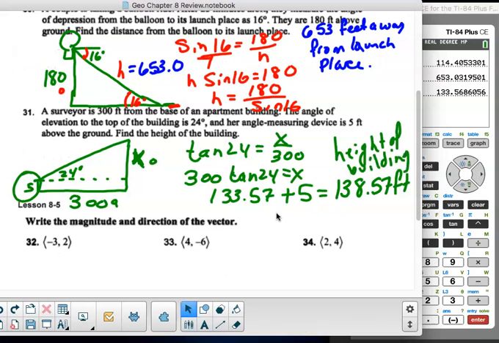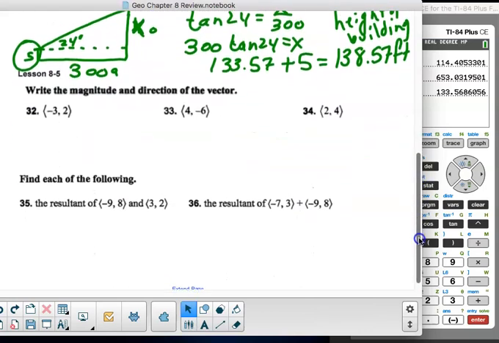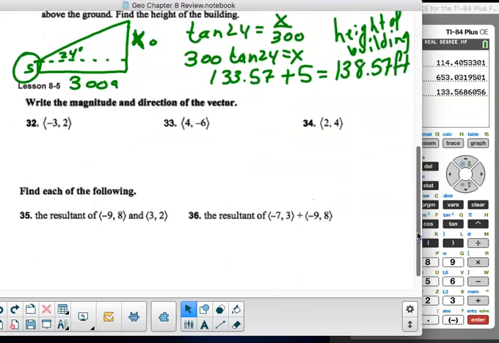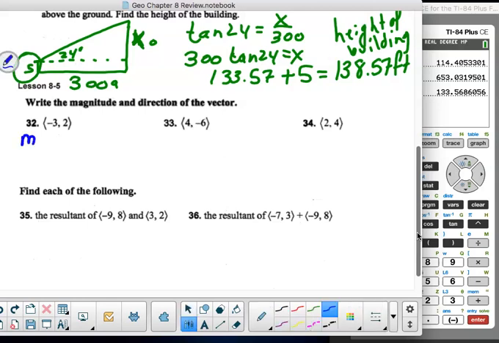Now, in this next one, we're supposed to write the magnitude and direction of the vector. Remember, for magnitude I'm going to use x squared plus y squared, the Pythagorean theorem.